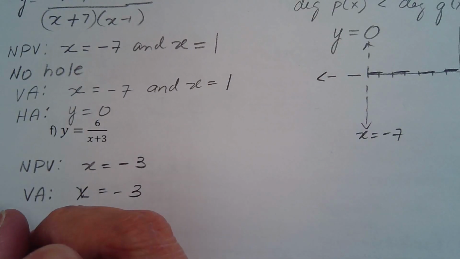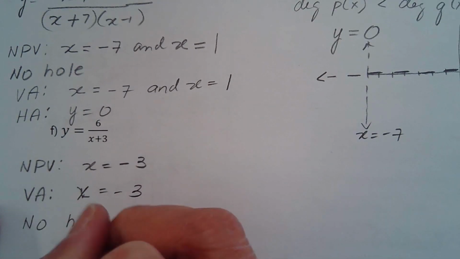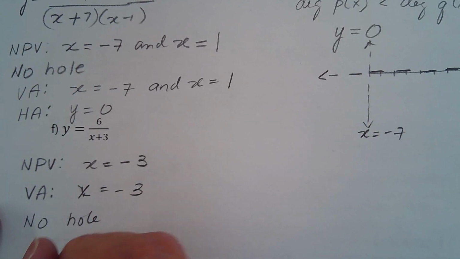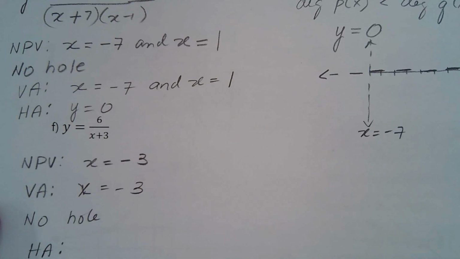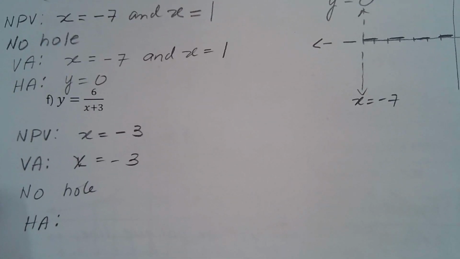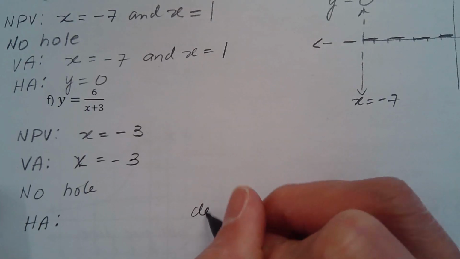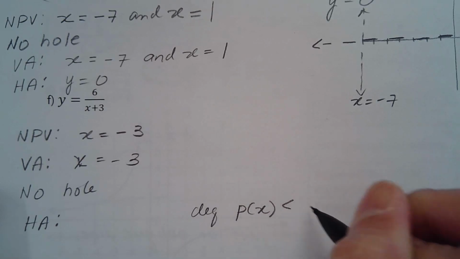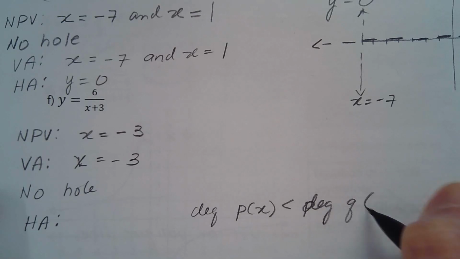We'll just put no hole because there's no common factor. And horizontal asymptote is where? Or is there any? Yeah, so the degree of p of x is less than the degree of q of x.